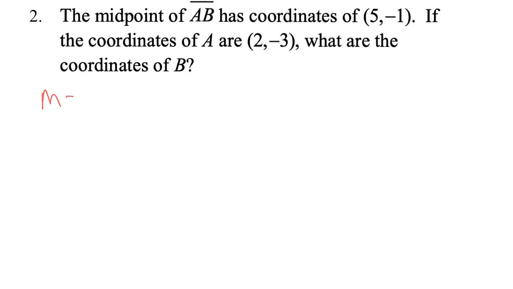So the midpoint is equal to your first x value plus your second x value, divided by 2, since there are 2 pieces to average. The same thing for your y values: y1 plus y2, divided by 2. And we need to put parentheses around this because the midpoint is a point.